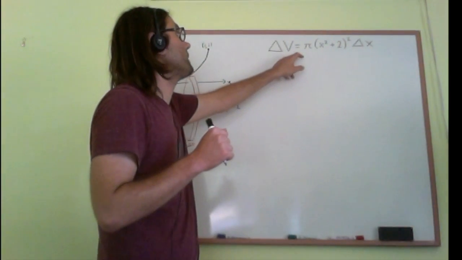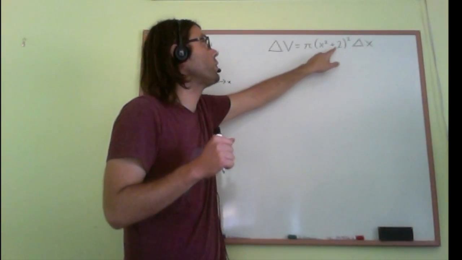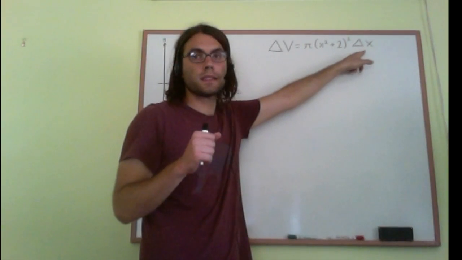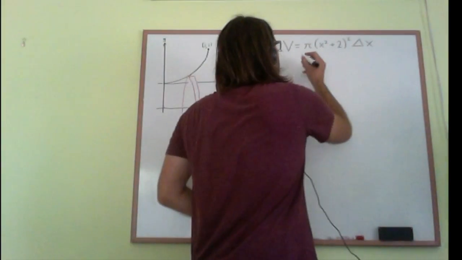Delta v is equal to pi times the square of the sum of x squared and 2, all times delta x. Let's go ahead and expand this expression.